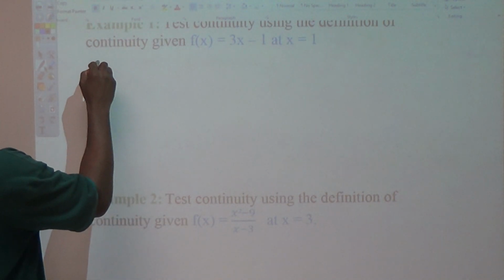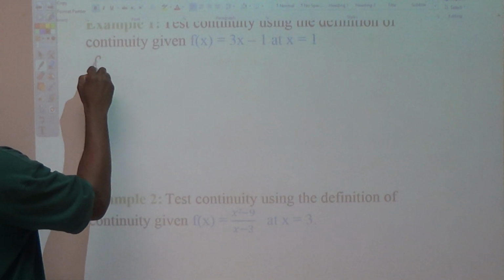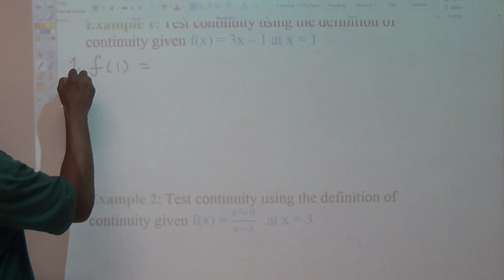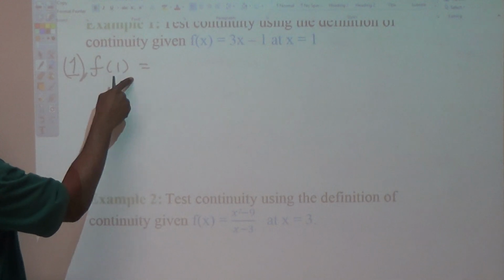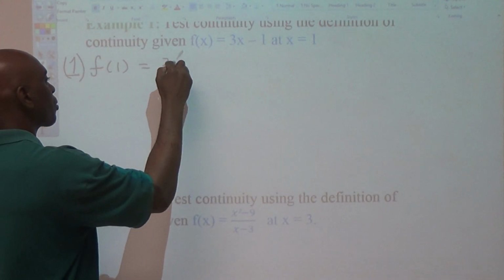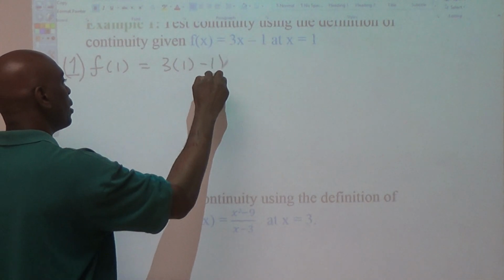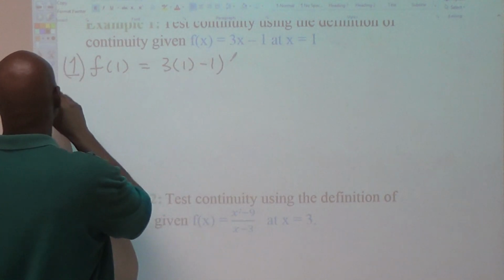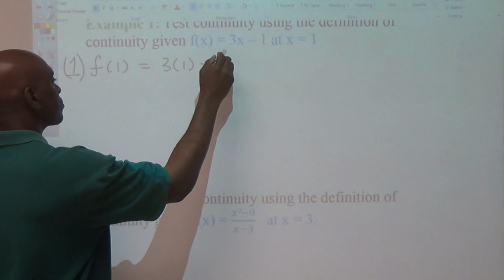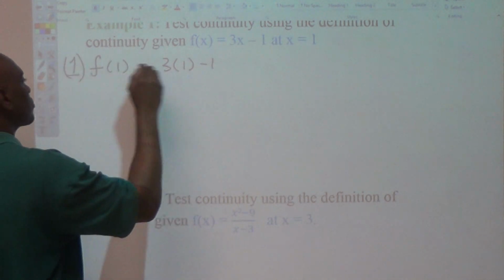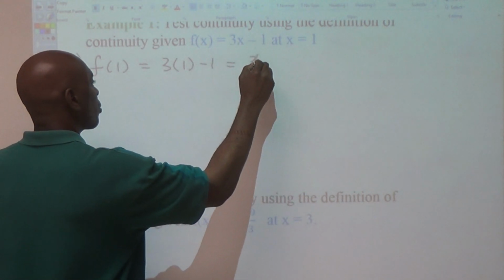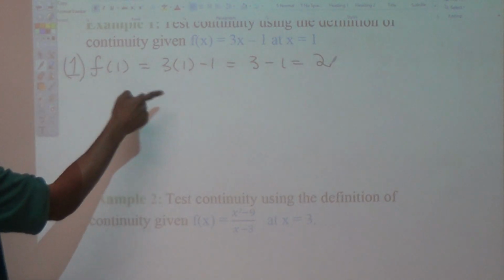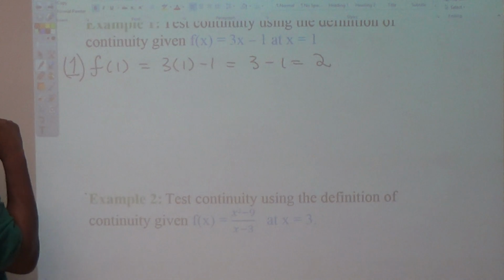Well, let's look at f of 1. f of 1 is condition number 1. f of 1 equals 3 times 1 minus 1, which is 3 minus 1, which is 2. So the first condition gives us a value of 2.